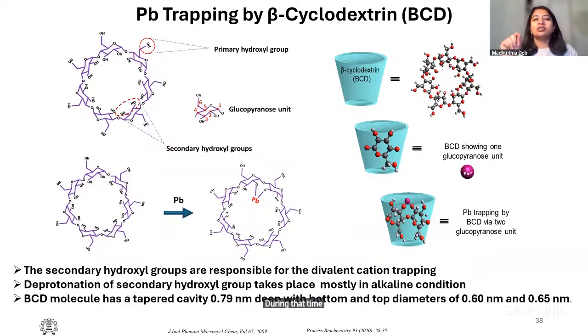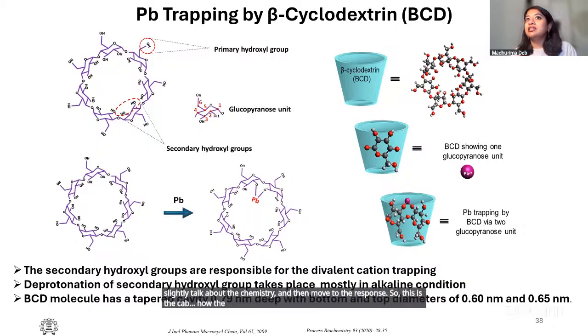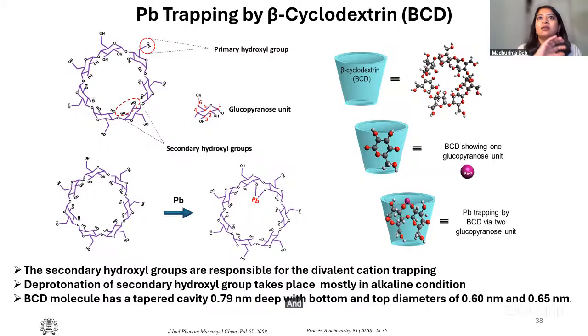So I would just slightly talk about the chemistry and then move to the response. So this is how the cavity looks like. And when the lead comes, it knocks out these two H and interacts with the O. And that's how it binds inside the cavity of beta cyclodextrin.